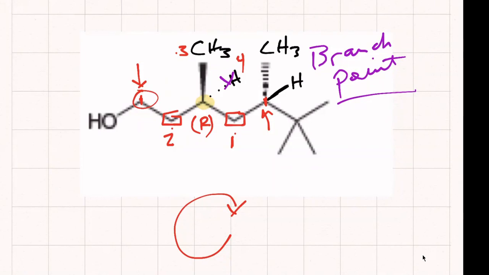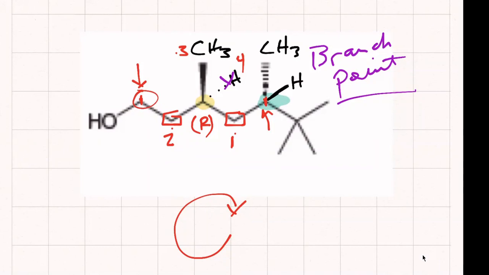No, the one that's under the staircase. You talking about on the right side? Yes. Let me see if I understand. You're talking about this carbon right here. Yes. Where would it go next, regardless of the branch point? I know that the branch point is on a higher point, but where would it go next? It doesn't matter.